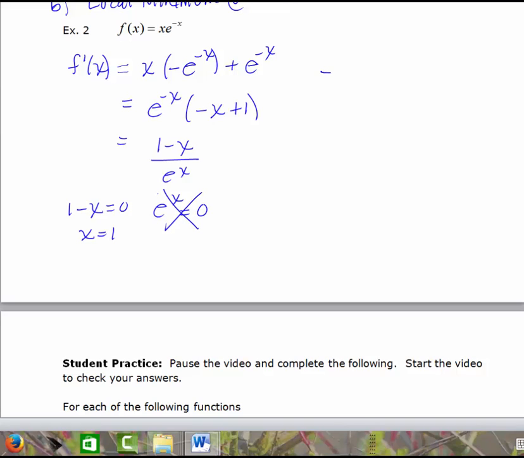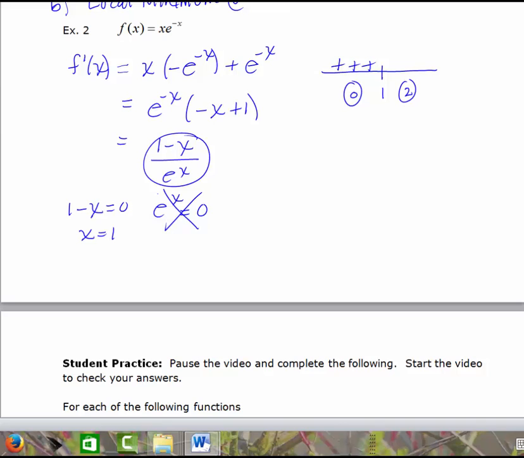So now we'll draw our test chart. We'll put 1 in the middle. There's our critical value. Choose a test value to the left and a test value to the right, and plug into my first derivative. When I plug in 0, I get a positive. I'm just going to get 1 in the numerator, and e to the 0 is also 1.